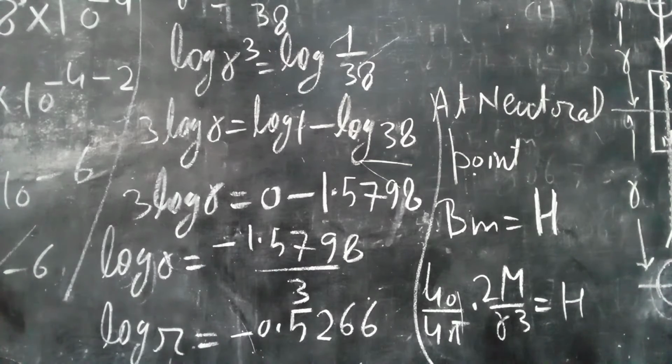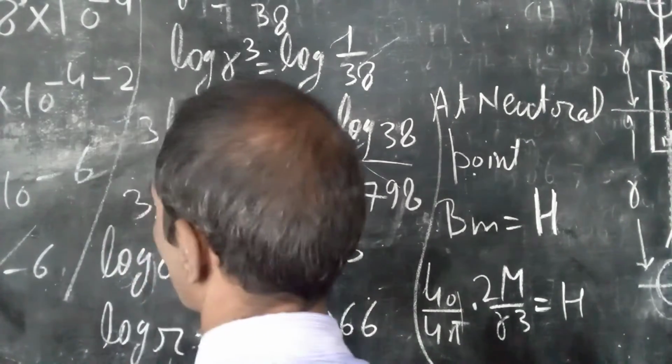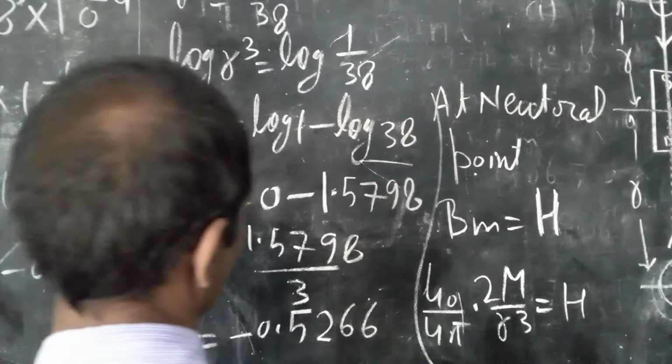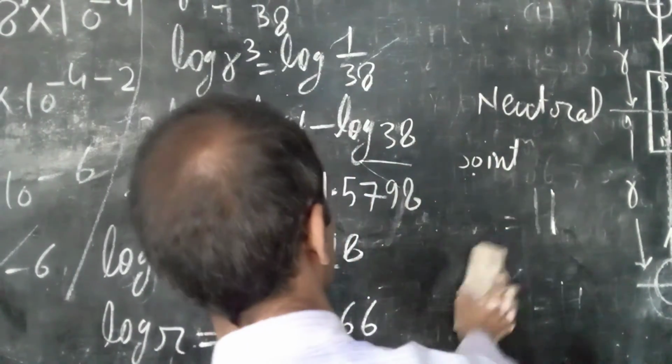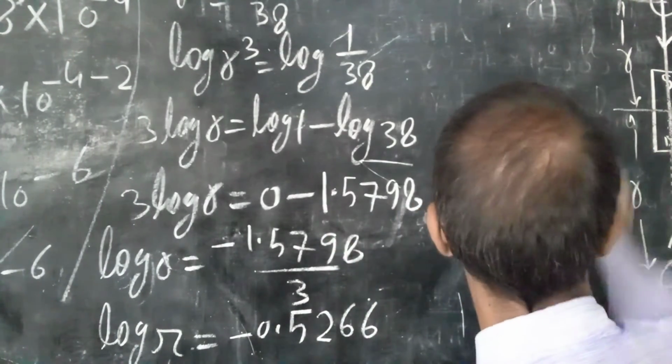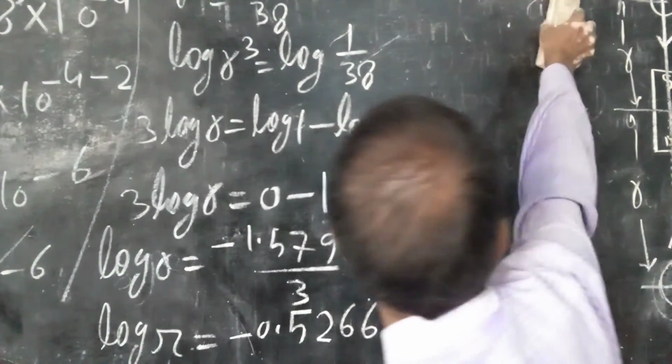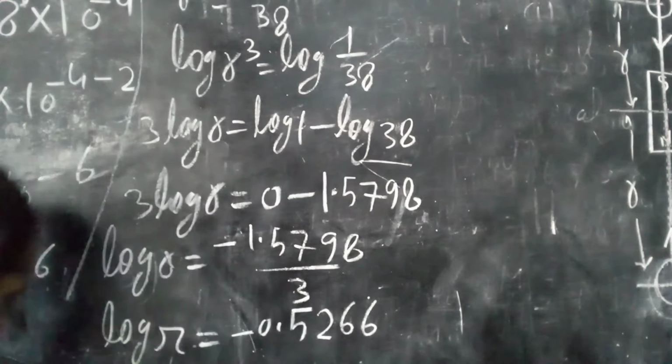So this mantissa is negative. To find the value of the mantissa, the mantissa must be positive. So change the mantissa into a positive value.